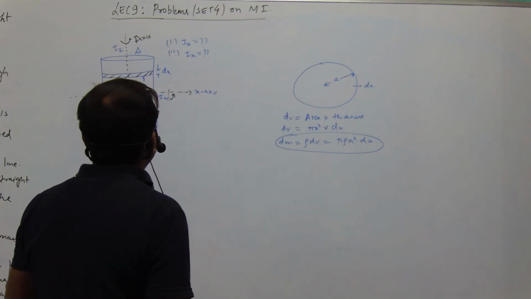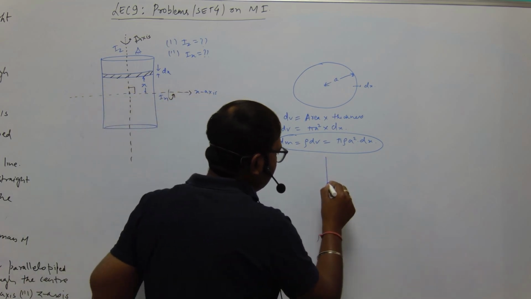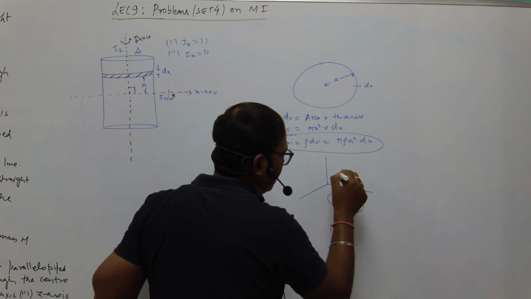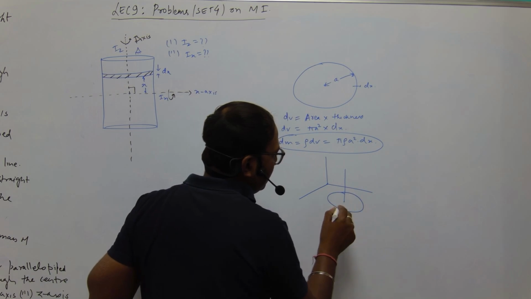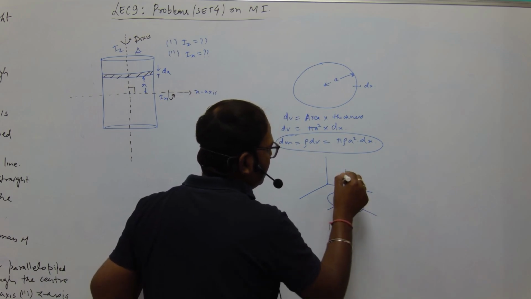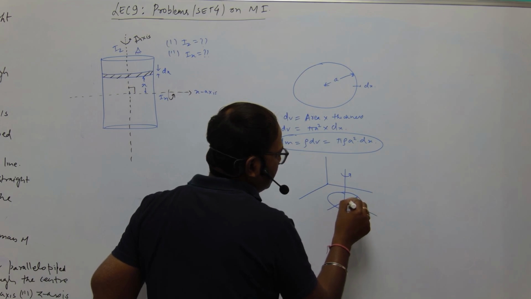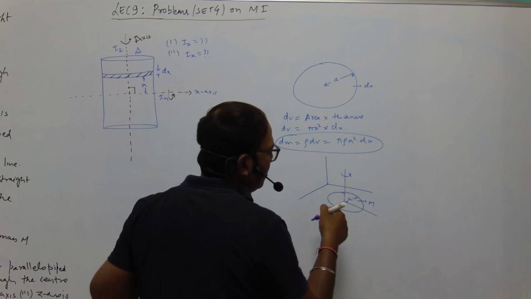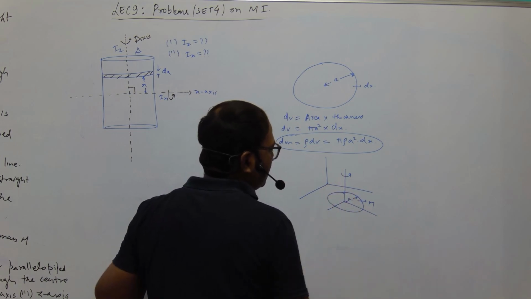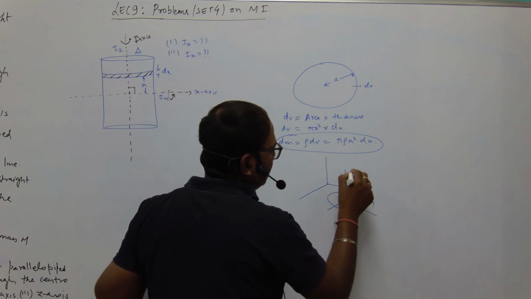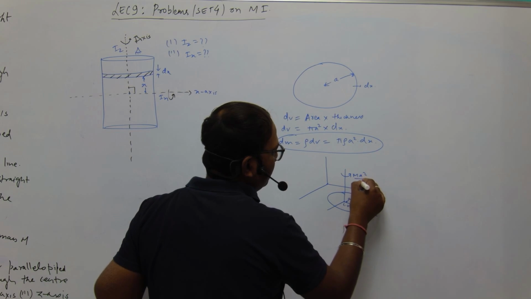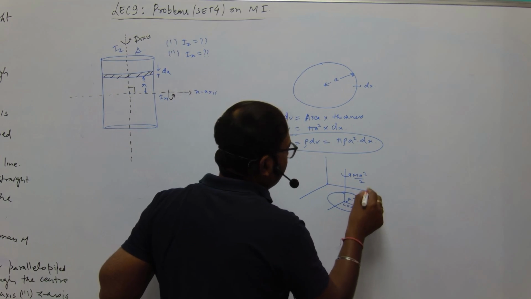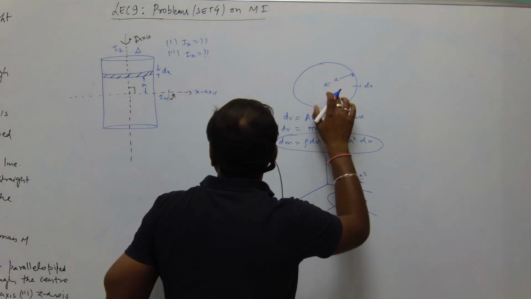So what will be the moment of inertia? The moment of inertia of a disk about an axis that is perpendicular to its plane is given by, suppose we have a disk of radius a and mass capital M. The moment of inertia about an axis perpendicular to its plane and passing through its center of gravity is given by M a square upon 2. In this case the mass is dm, the elemental mass of this disk.